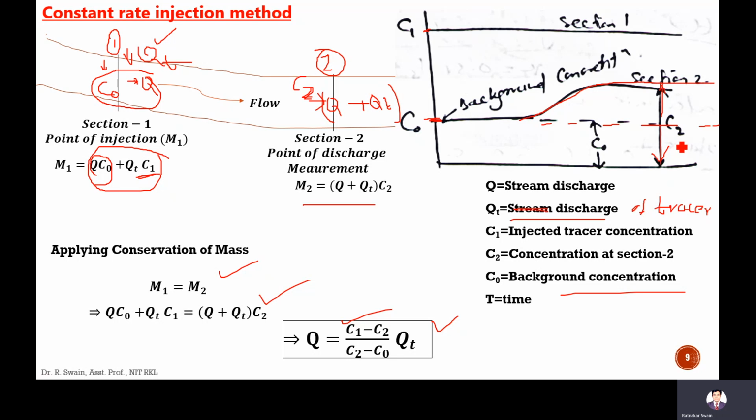So this C2 into Q plus QT: the discharge into concentration is the mass. The total discharge is the flow discharge plus the tracer discharge you are adding, that is QT. So M2 is (Q plus QT) into C2.